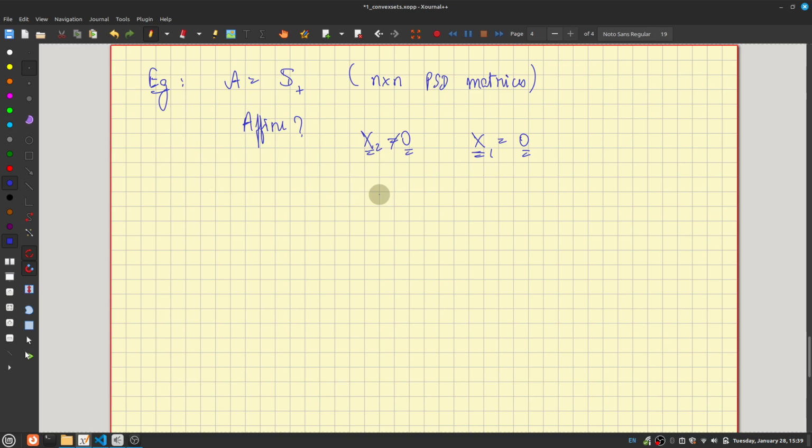Can I construct some theta X2 plus 1 minus theta X1 such that this is not PSD? Can you give me one value of theta for which this cannot be PSD?